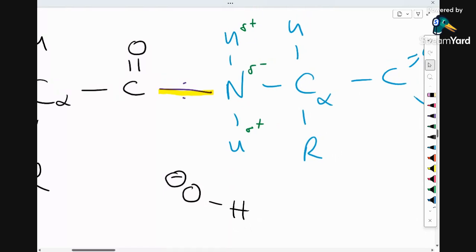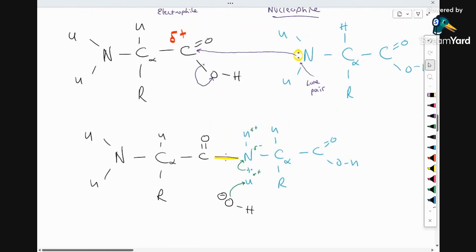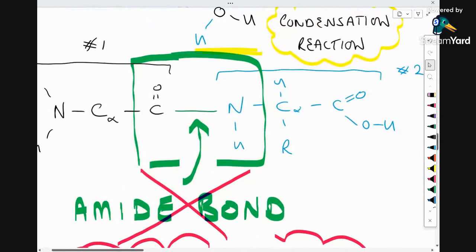So the oxygen can pick up this hydrogen, and the 2 electrons in this covalent bond then get given back to the nitrogen to reconstitute its lone pair. And what we then end up with is what we drew in the previous picture, so up here.